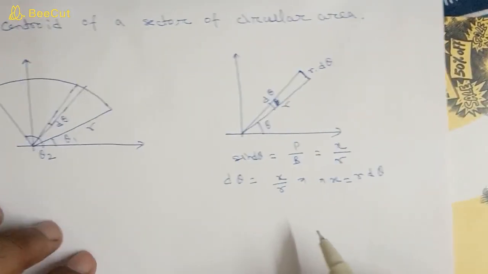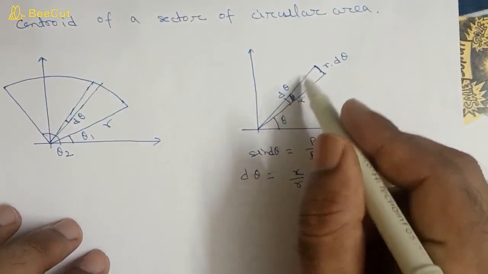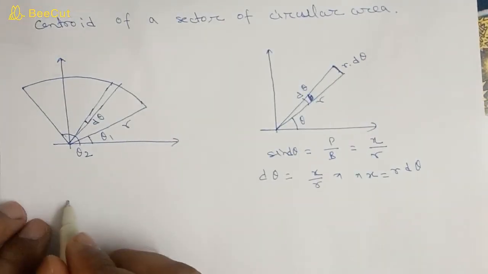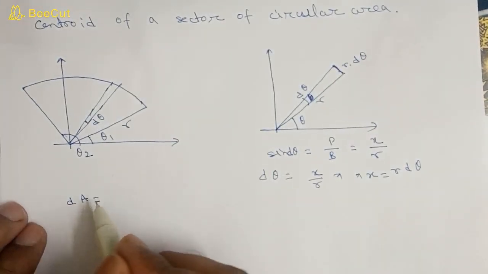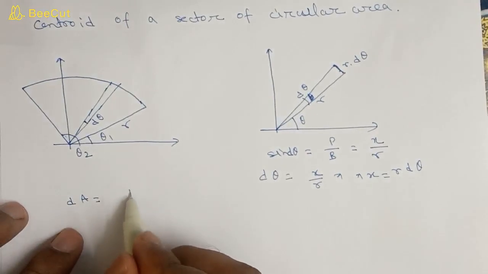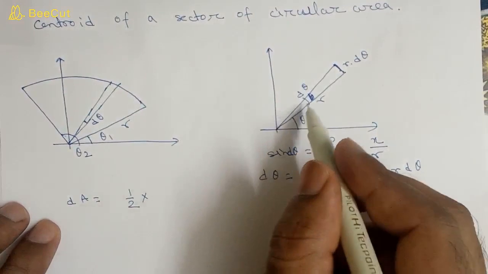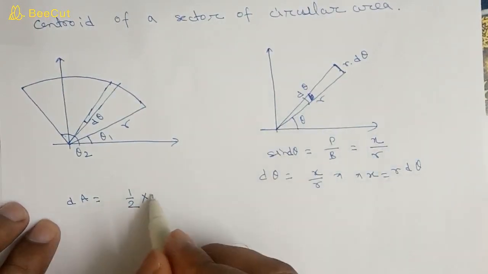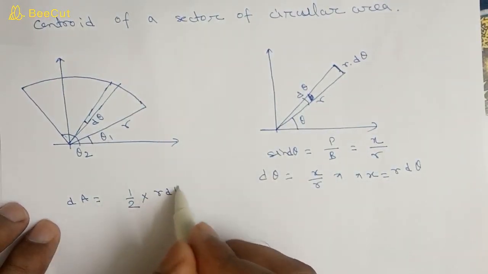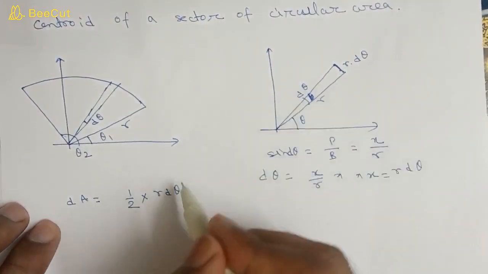Now, what will be the area of this segment? dA is equal to half into base into height of a triangle. Base is r d theta and height is r.